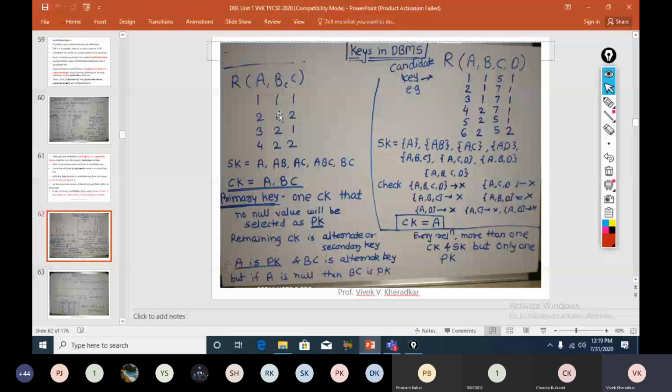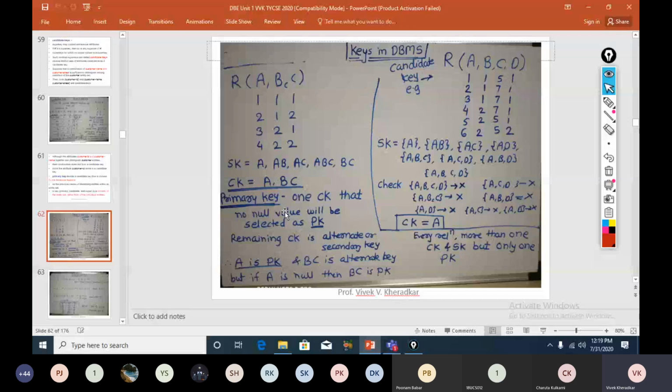So it is a choice given to the designer. I can take BC as the primary key also, no matter. In this example A also has a non-null value. So I have two choices. Either I can choose A as the primary key or BC as the primary key. It is a choice given to those who have designed the database.